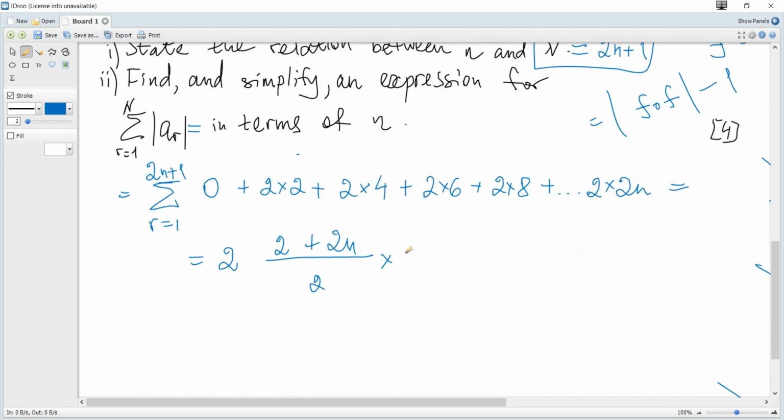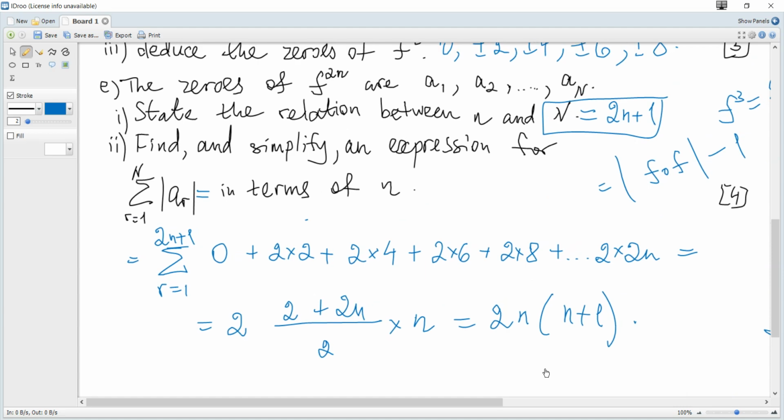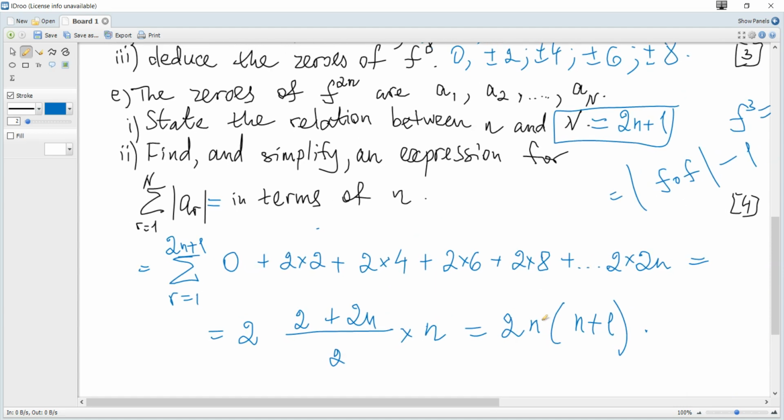Hence there are n terms in total, and we can see that it is equal to 2n plus 1. And that's all for this question.